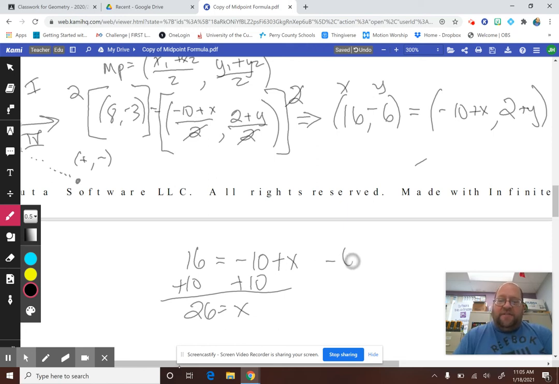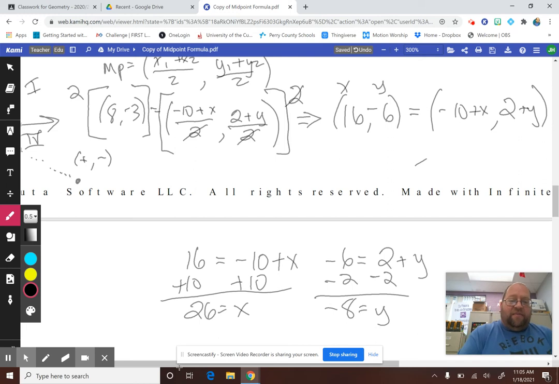We've got -6 as our Y coordinate right here, and it has to equal 2 plus Y. In order to finish this out, I'm going to have to subtract 2 from both sides, which means I end up with -8 equals Y. So my other endpoint, my answer, is 26, -8. That is the other endpoint that I need.